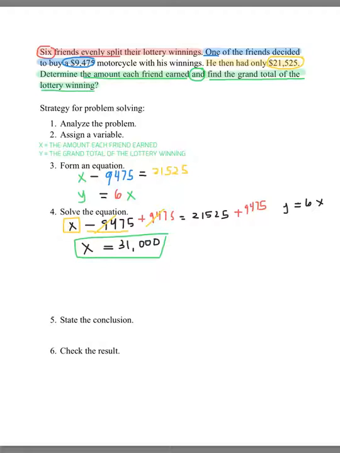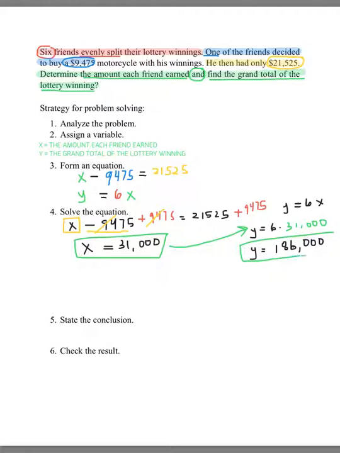And now we're going to substitute this into the second equation and find the value of y. So we have y is equal to 6 multiplied by x, but we know x is now equal to 31,000. So then y, once we carry out this multiplication, we end up with 186,000.